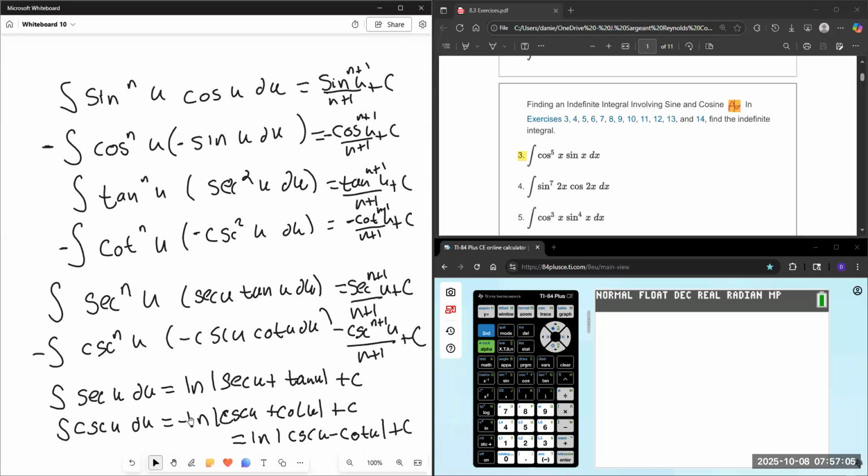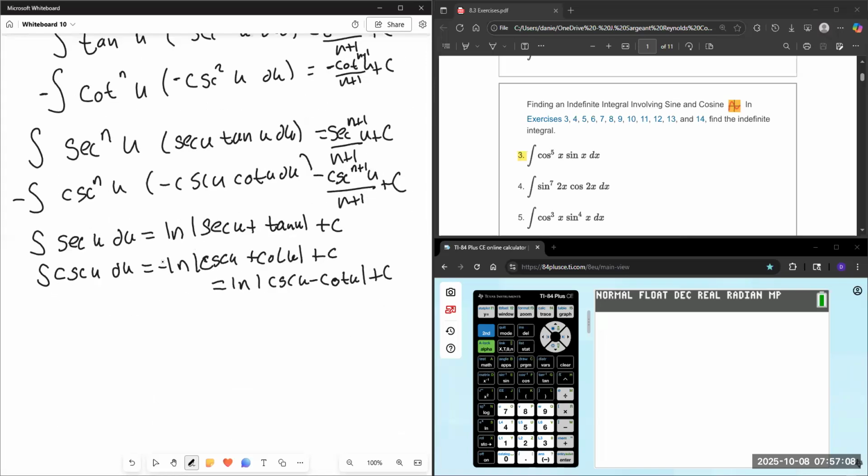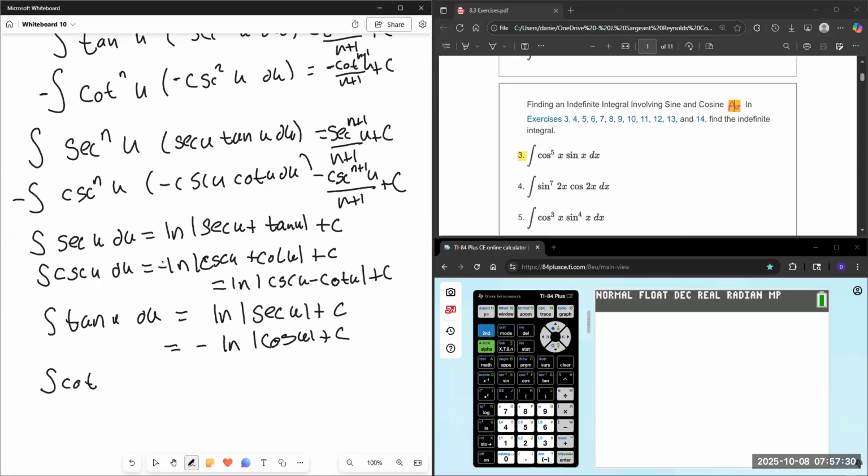Just as a reminder, the integral of tangent u du is equal to ln of secant u plus c, or a negative ln of cosine u plus c, and the integral of cotangent of u du is equal to negative ln of cosecant u plus c, or ln of absolute value sine u plus c.